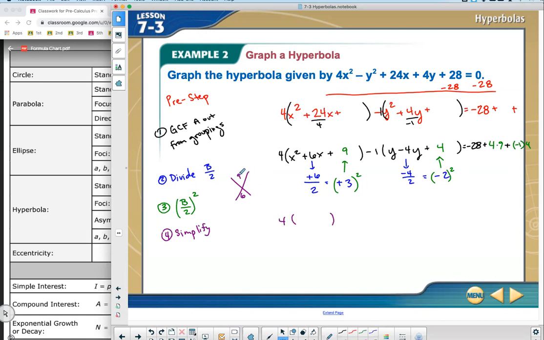What are 2 factors of 9 that add up to be 6? Would it be 1 and 9 or 3 and 3? 3 and 3. And if you remember from the very first lesson of the school year, when you're factoring a trinomial, after you find these 2 factors, you split the x squared. And so it'd be x plus 3 and another x plus 3. I have x plus 3 twice, which means x plus 3 squared.